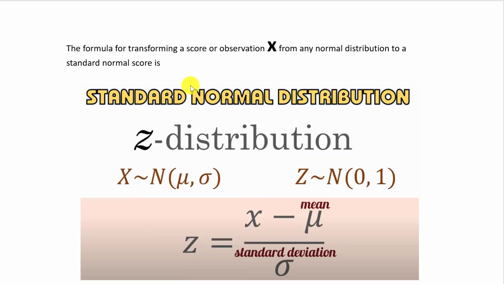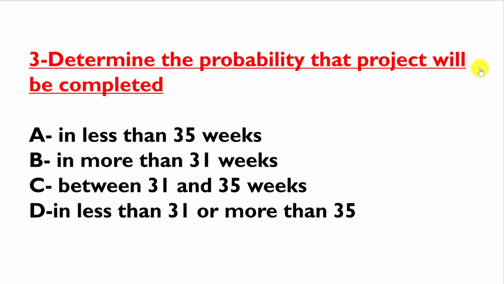So again, the formula for transforming a score or observation x from any normal distribution to a standard normal score is z equals x minus mu divided by sigma.